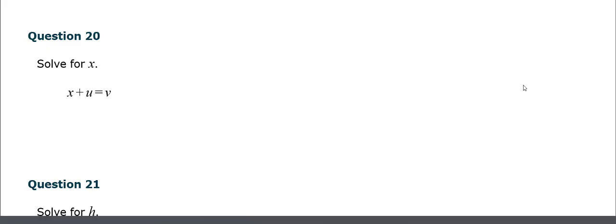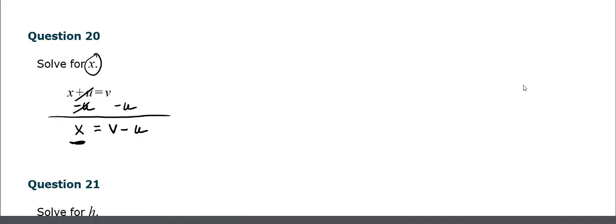Now u is connected to x by addition, so if I want to eliminate the u, I'm going to take its opposite from both sides. Now on the left hand side, of course, that cancels out, gives us a 0, so that leaves us with just x. Now on the right hand side, these are not like terms, so we write them as two separate terms, v minus u. So we solve for x because we have one x isolated by itself.